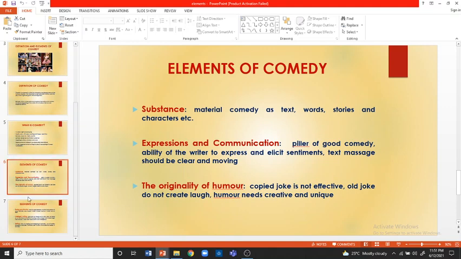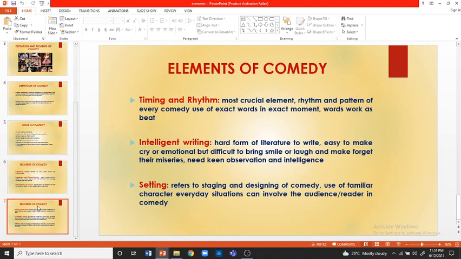Then the fourth element, I think you understand these three. The fourth element is timing and rhythm. Timing is very important. Timing and rhythm is the most crucial element of any comedy.